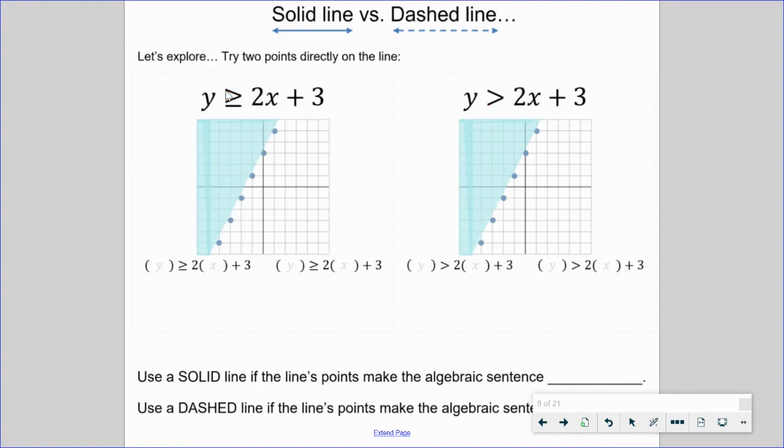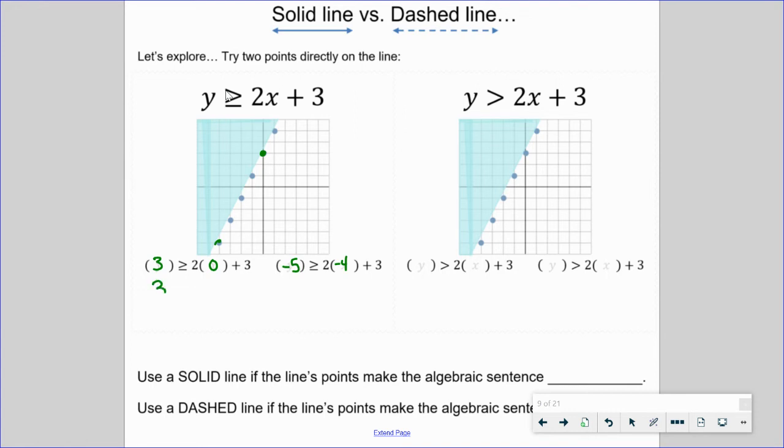My question is, will the points directly on the line itself work? So let's try 0, 3, when x is 0, y is 3. Let's try negative 4, negative 5, when x is negative 4, y is negative 5.